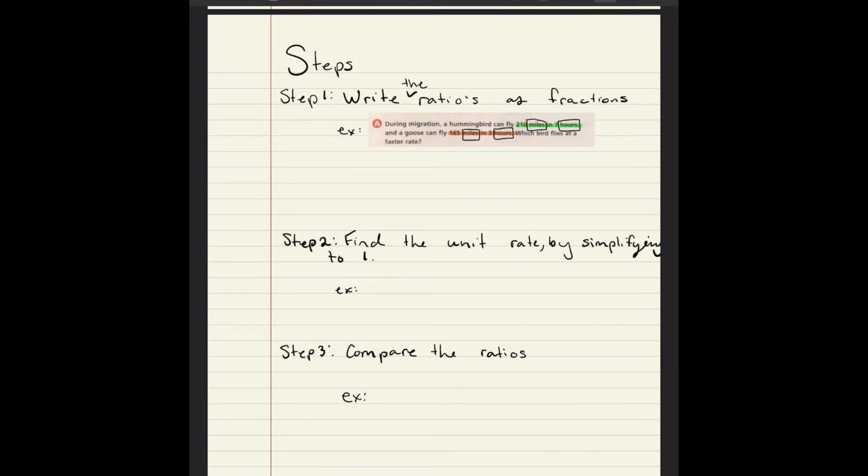All right, so then if we write that as ratios, it would be 210 miles over 7 hours. And this is for the hummingbird.